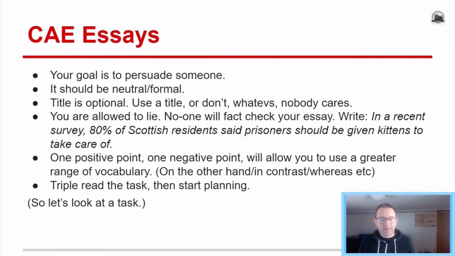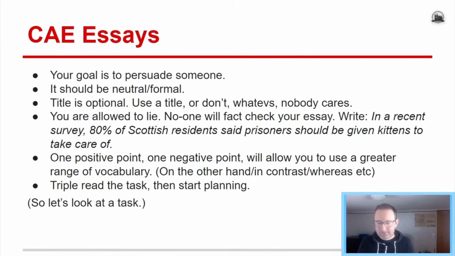And before you start writing, read the task 3 times, 4 times, 1,000,000 times so that you really understand it. I've had quite a few students just start writing, hand me the essay, and then I've said, that's nice, but you didn't answer the question. And answering the question will give you 5 points. That's the easiest 5 points you will ever get.